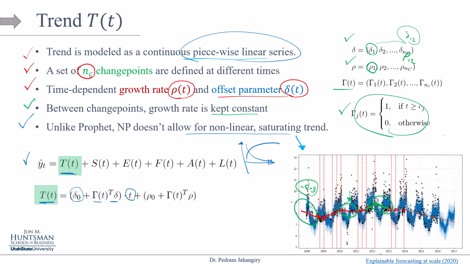So for example, we are here at the starting point, and then we add some growth rate to that as well to capture the trend component. So this was the trend. It's pretty much similar to Facebook Prophet with this difference. Just keep that in mind.